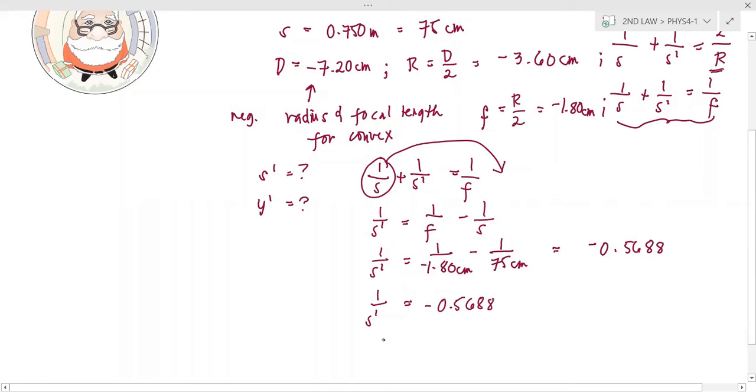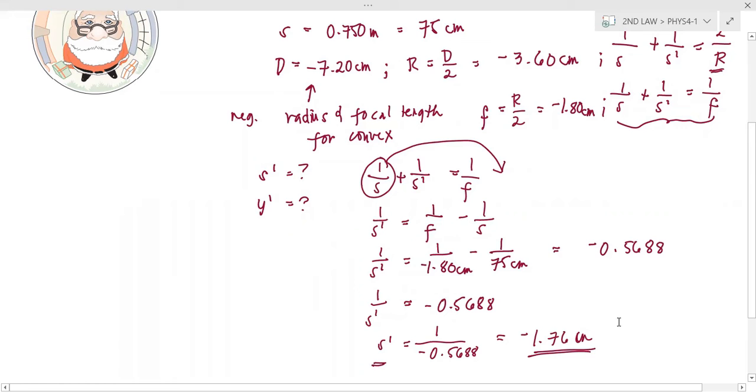To solve for s prime, we have to get the reciprocal of this, so that's 1 divided by negative 0.5688, which will give us negative 1.76 cm. Now this is the distance of our image, or Santa's image, from the ornament.